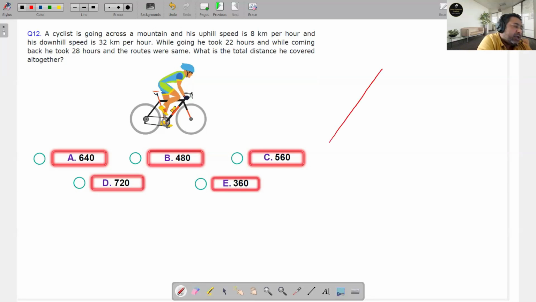So let's again draw this and understand this. Let's say he's going A to B and B to C. When he's going A to B, the time taken is going to be 4 times t1.